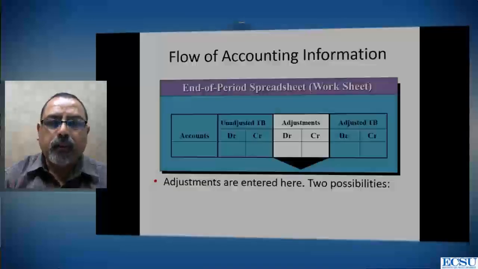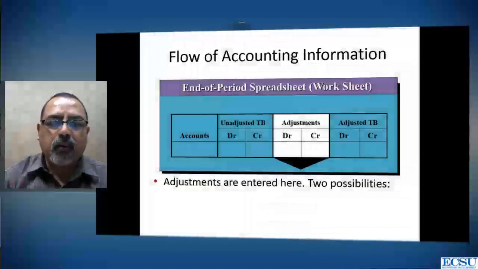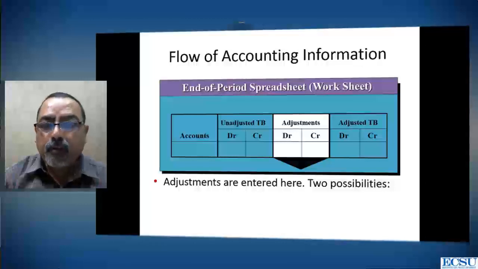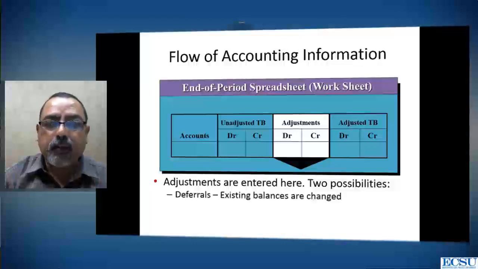Then you will have the next two columns where you'll be writing the adjustments. Of course, as I said to you, the adjustment column can have four columns, two columns for references and two columns for amounts.